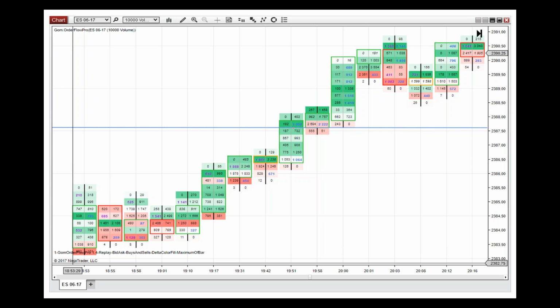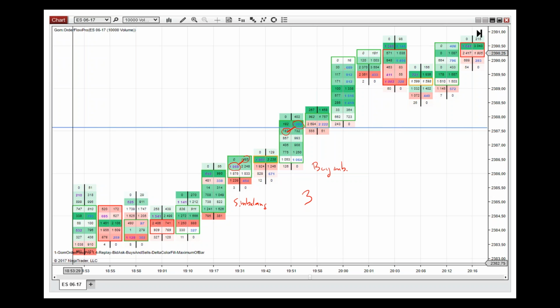I look at this auction, for instance, with these prices, and we use a default ratio of 3. So when this number is 3 times higher than this number, it's a buy imbalance. And when this number is at least 3 times higher than this number, it's a sell imbalance.